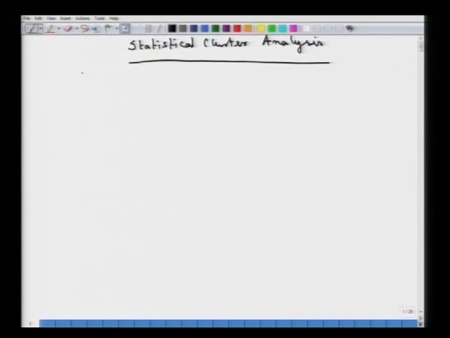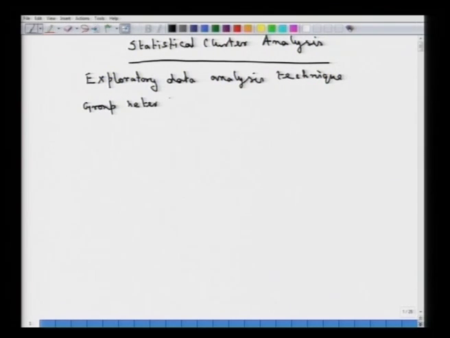This statistical cluster analysis technique can be defined as a way of exploratory data analysis. So, it is basically an exploratory data analysis technique wherein we try to group heterogeneous objects, or cases.